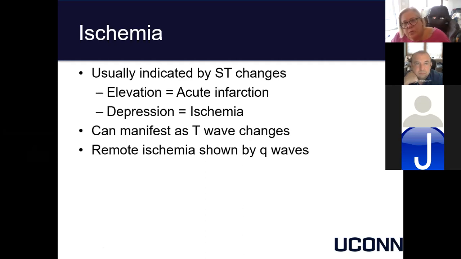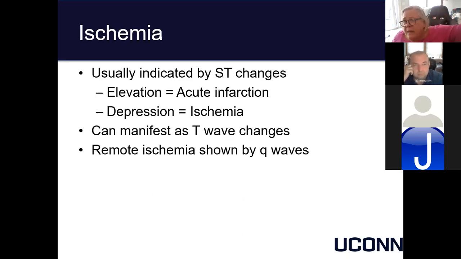When you read remote in your medical record, it means a long time ago. So remote ischemia means it happened in the past. So this is a patient who is either new to you or all of a sudden comes for their physical exam or has something else going on. You do an EKG and they've got Q waves. That means they have had a myocardial infarction.